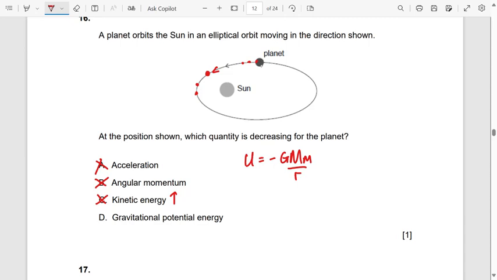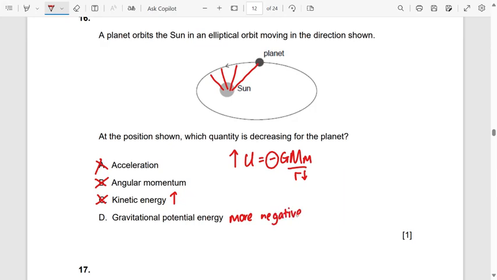As you come towards the planet, towards the sun, this distance is getting smaller and smaller, so this number is getting smaller, which means this number is getting bigger. But it's getting more negative. So in fact, it is decreasing.